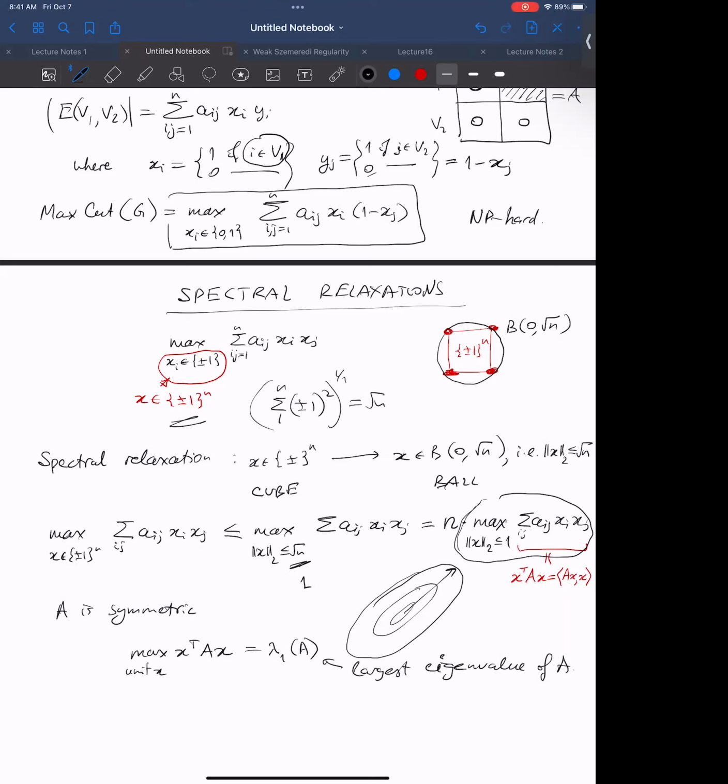Okay, so if we subtract this lambda 1 of A, this can be viewed as x transpose multiplied by lambda 1 of A multiplied by x, so it will be x transpose multiplied by A minus lambda 1 of A multiplied by x, and A minus lambda 1 of A is a non-positive matrix.